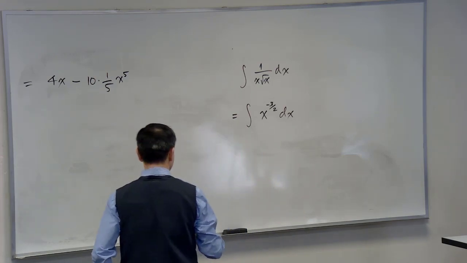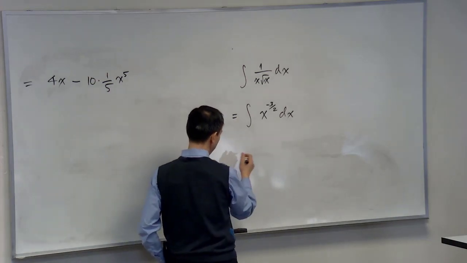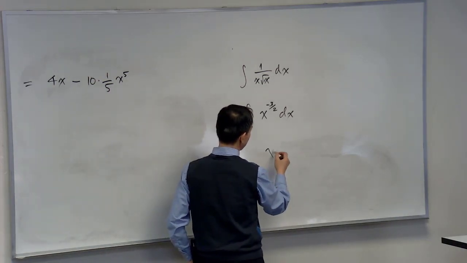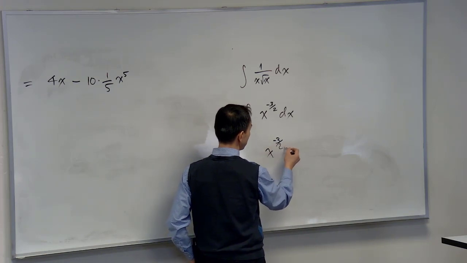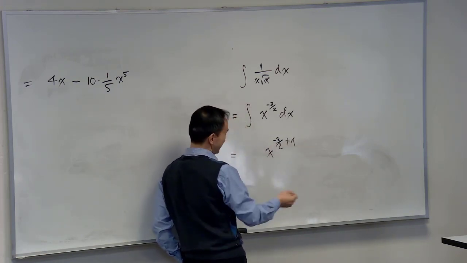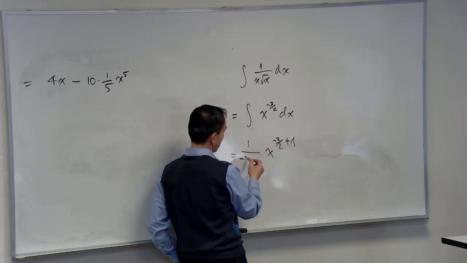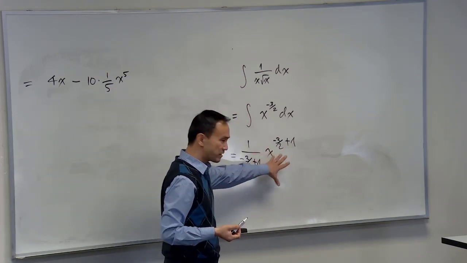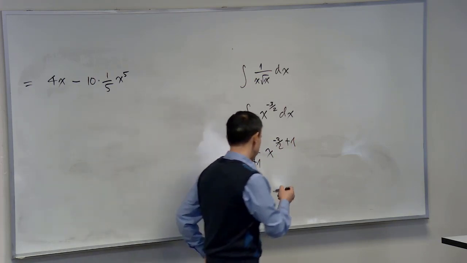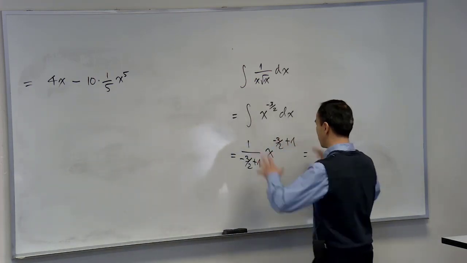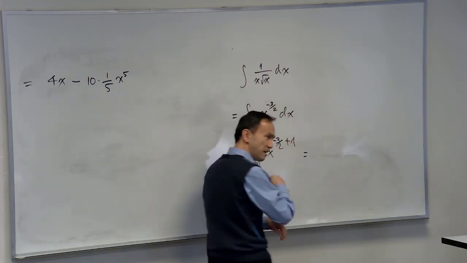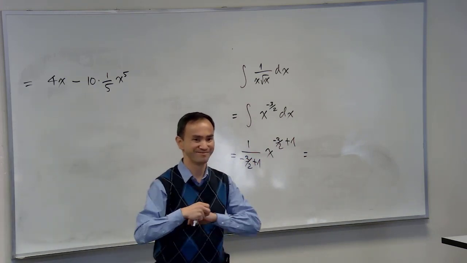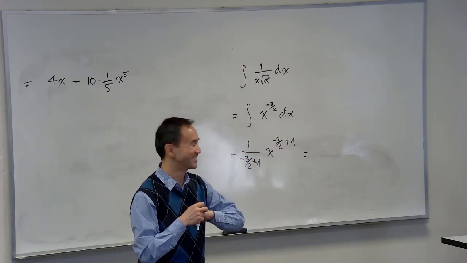And so now the antiderivative here is going to come out as x to the minus 3/2 plus 1, right, on scratch work like that, and then 1 over minus 3/2 plus 1. That's how we do it. I don't need the little constant C at this step yet. Alright, and so think about on scratch work here, what's minus 3/2 plus 1, by the way? Negative 0.5.